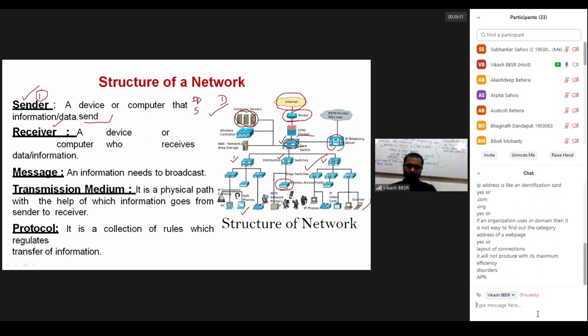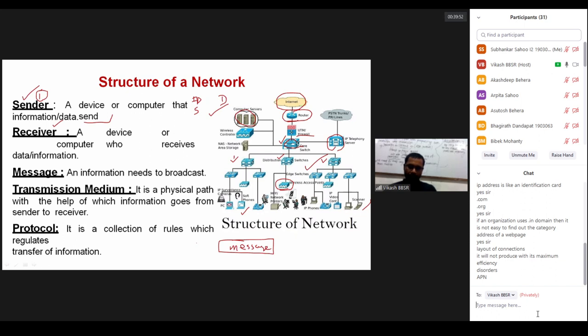What is the concept? How will they send the message? Suppose this is the message, what message you are sending, you are writing here.